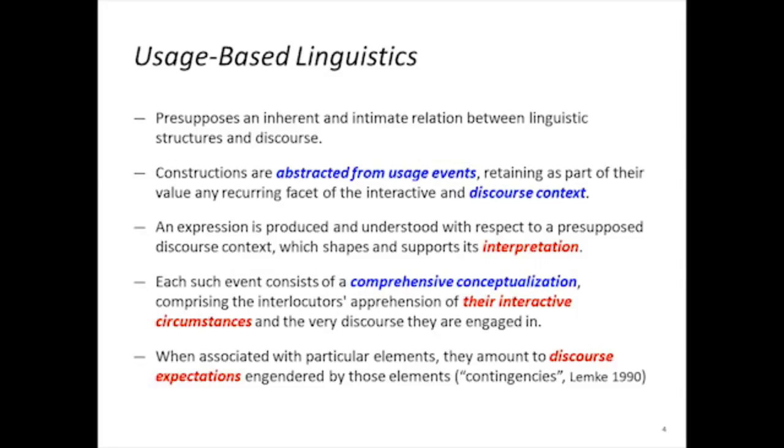Some people have called this a rule. I would say it's a pattern. It's a pattern that we learn on an instance-by-instance basis and then abstract from in the form of this particular pattern or construction. So usage-based linguistics presupposes an intimate relationship between forms and the discourse in which they occur.